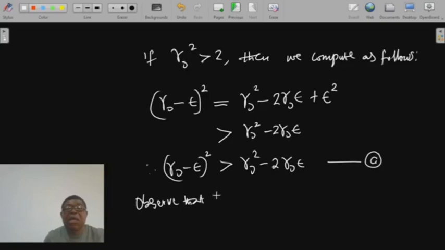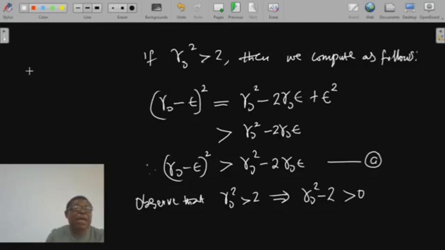Now, if I letter here small a, I want us to observe that gamma naught squared greater than 2 implies that gamma naught squared minus 2 is bigger than 0. And there's something we did not mention which we shall need now. That is the fact that we assume that, remember that our x is equal to the collection of all x in R so that x squared is less than 2.